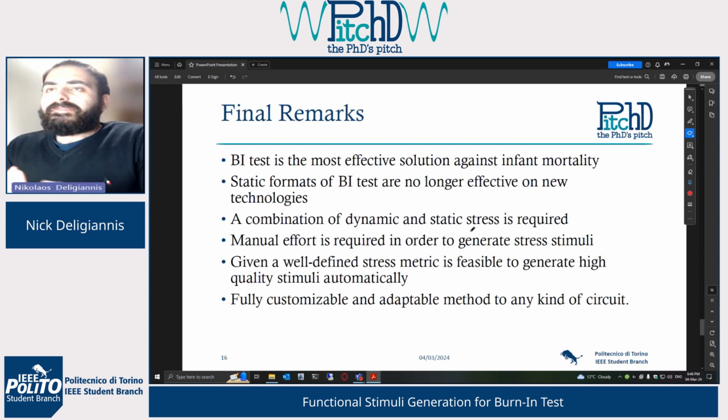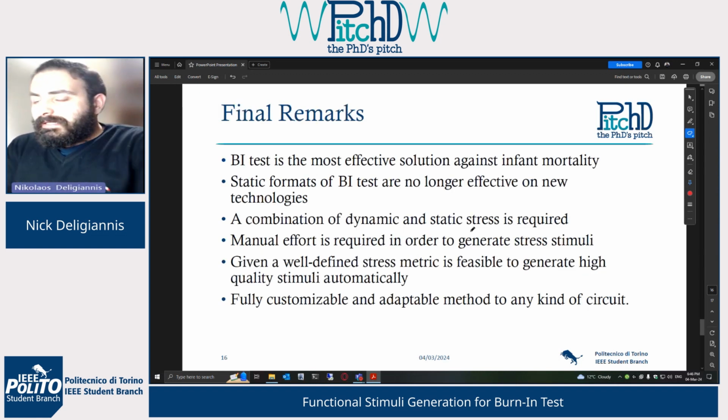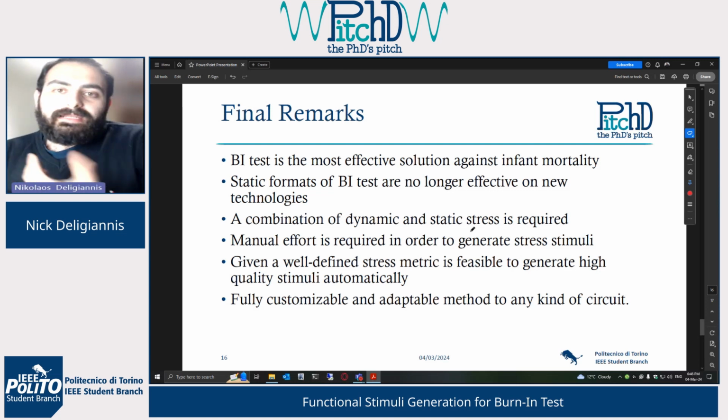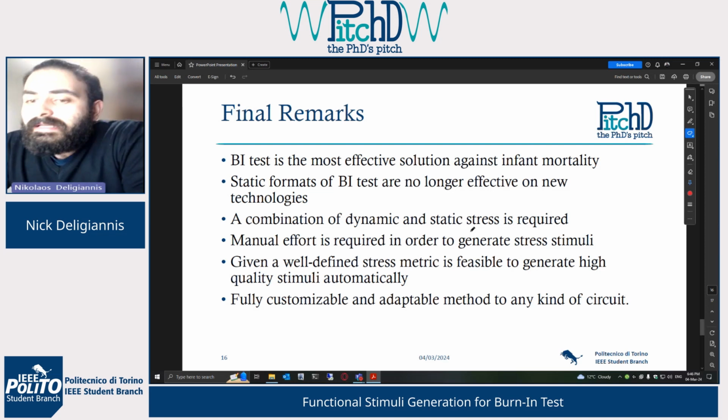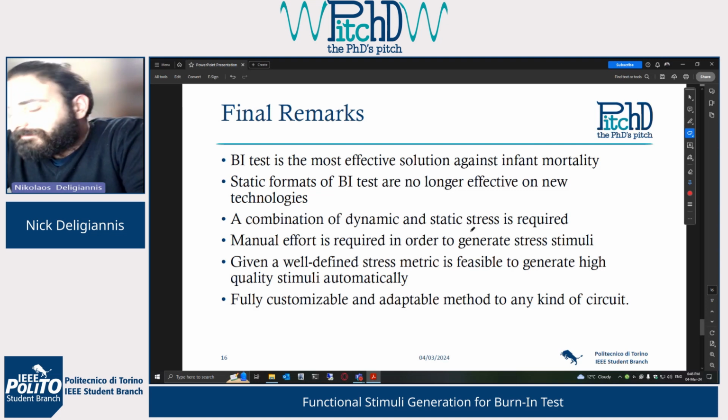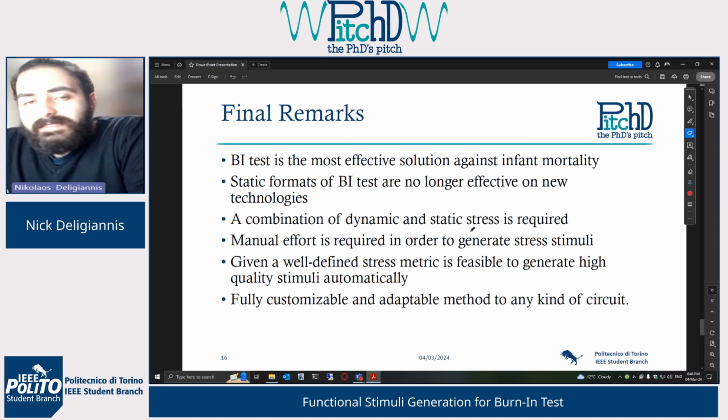Now, the final remarks and conclusions: the burn-in test is the most effective tool we have to combat infant mortality. And infant mortality is a very important problem that typically comes with every new generation of integrated circuits. The static format of the burn-in test is no longer effective, so we need a combination of the static and dynamic format.